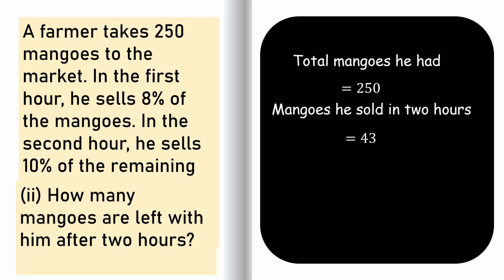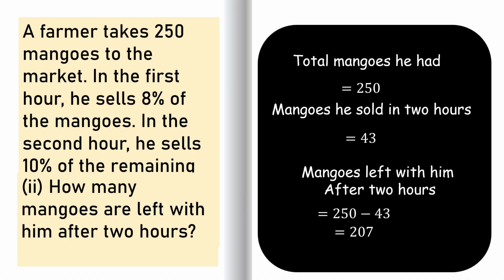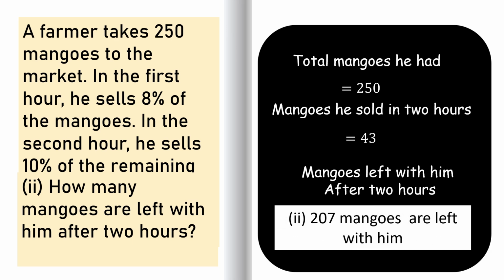Now, to find out how many mangoes are left, we need to subtract the number of mangoes he sold from the total number of mangoes he originally had. 250 minus 43 equals 207. That means 207 mangoes are left with him after 2 hours. And with that, we're done with the second part of the question, too.